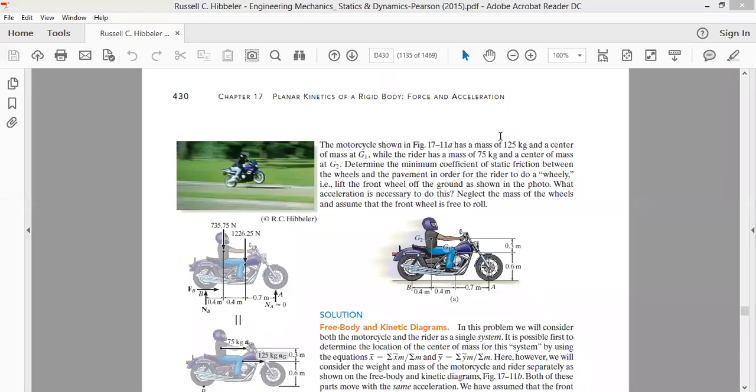In the previous class, we were talking about the kinetics of rigid body. And we talked about the two equations that are used for defining the motion of a rigid body.